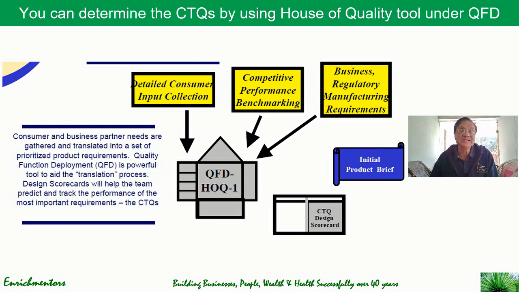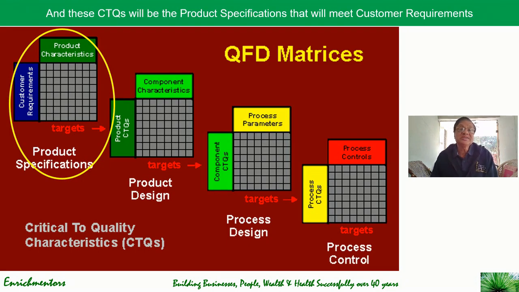You prioritize these requirements, and you translate them into a set of prioritized product requirements that is ultimately used as an initial product brief to help you start designing your downstream systems like components, the process requirements, and ultimately run a manufacturing operation to produce this. Right. So these CTQs will be the product specifications.